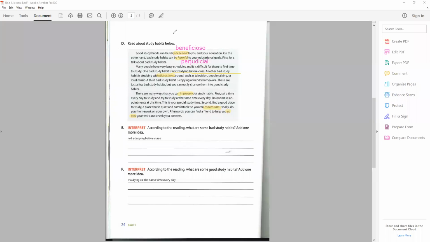Distractions, distracciones. We have the word improve, mejorar.